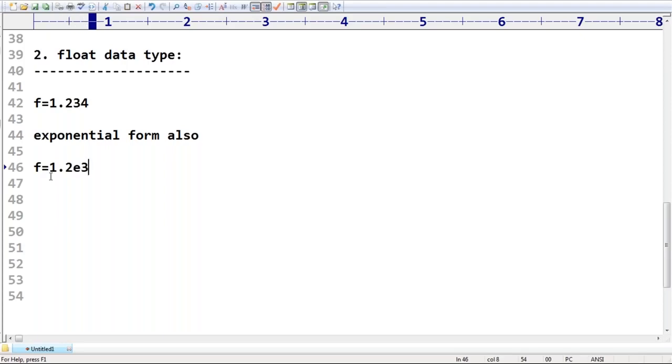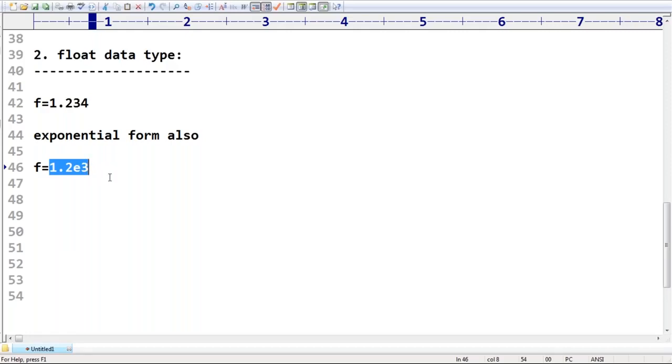What is this one, sir? 1.2e3. Somewhere you may have heard about this, exponential form or scientific notation. Okay, f is equal to 1.2e3. You can specify a floating point value even in exponential form.